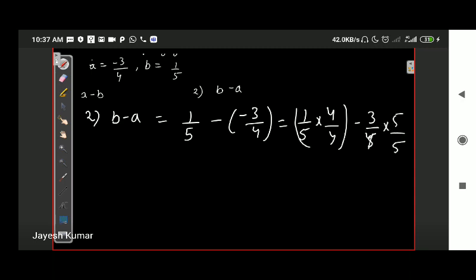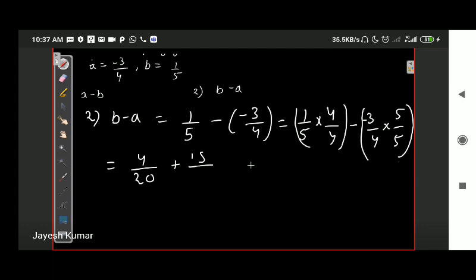On simplifying it, you will get 4 upon 20. Let me write it down again correctly. Minus 3 upon 4, that too of negative, into 5 upon 5, so this will be plus 15 upon 20. So your final answer will be 19 upon 20.